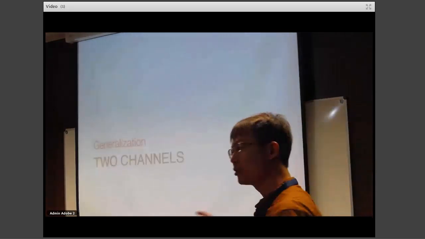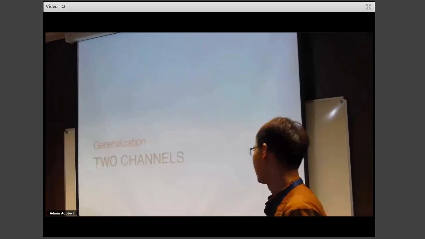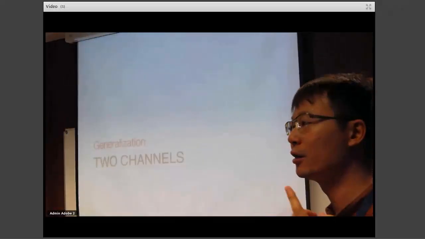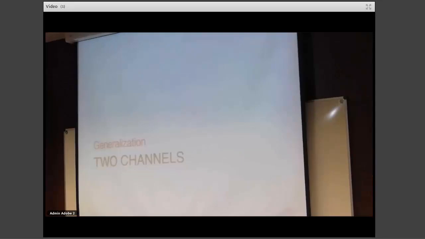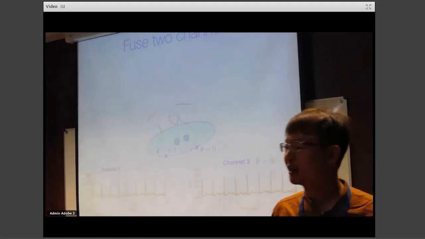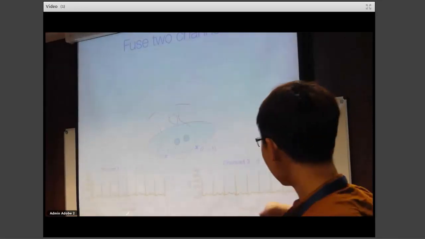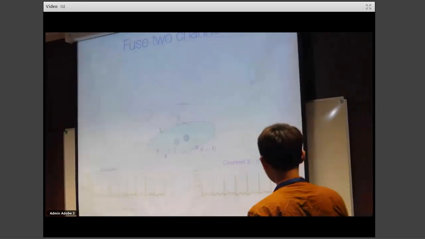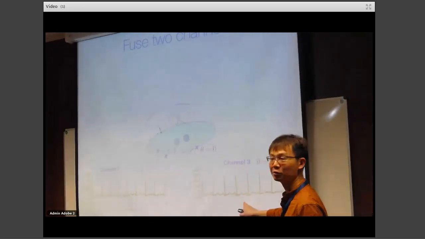And one simple generalization is the following: to two channels. Previously, what I talked about was for a single channel. You can carry out the algorithm analysis for only a single channel transabdominal maternal ECG. What if you have two channels? And why do we care about two channels? The main challenge we found in real data is that if you only have one channel, many times you may not see any possible fetal ECG.